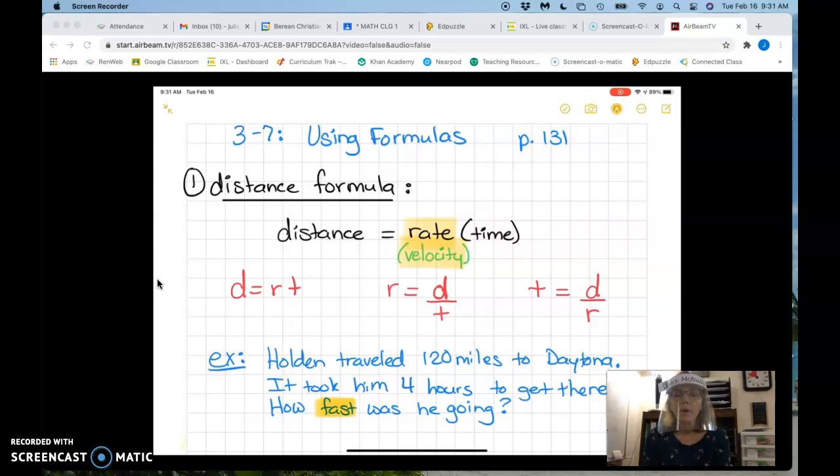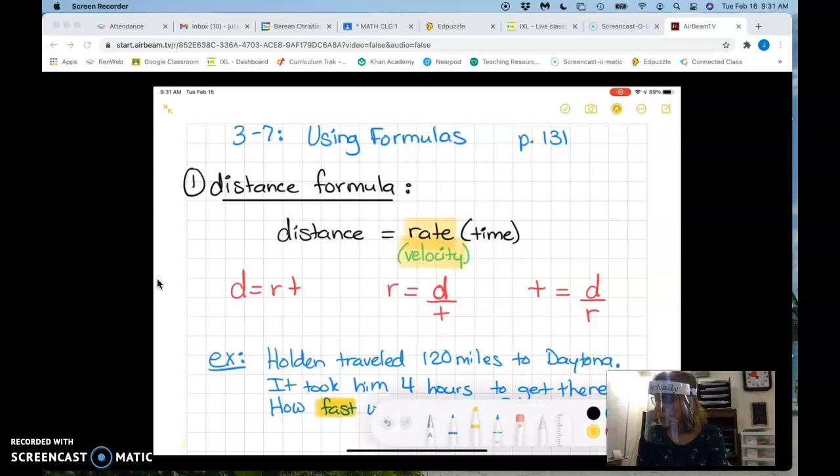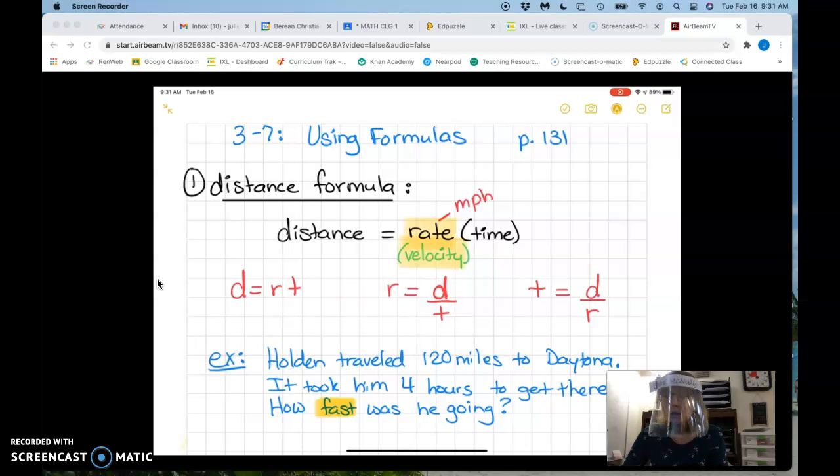So sometimes you can get the distance and the rate confused because they're both in miles, but Holden brought up a really good point. When we're talking about how fast or the speed, we're talking about miles per hour. So if you see miles per hour, you know we're talking about rate.